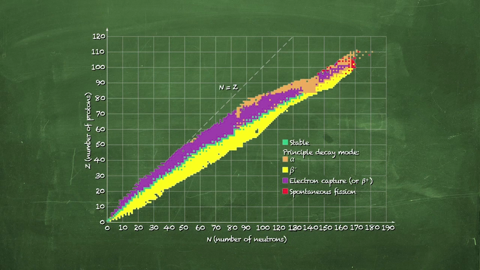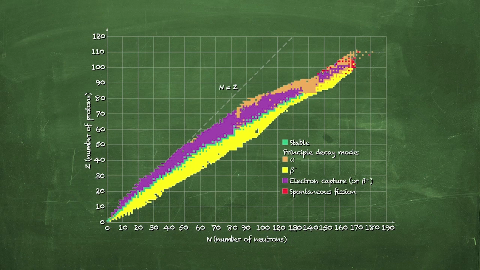So for very small nuclei, stability happens when you have the same number of neutrons as protons. But as you get more and more protons, the line of stable isotopes deviates from that line, such that you need more neutrons than protons.